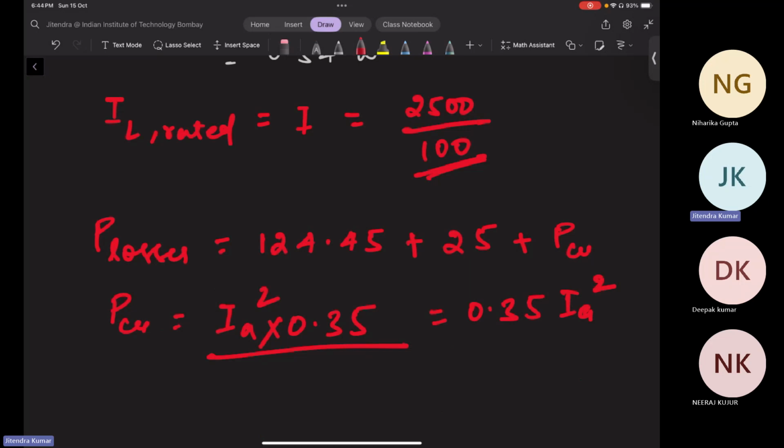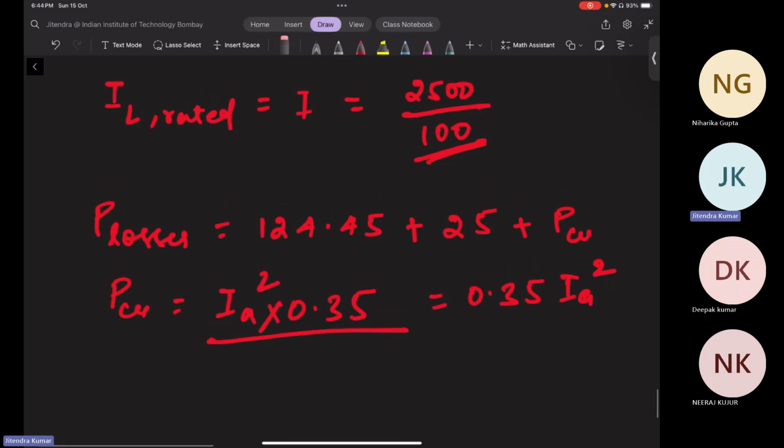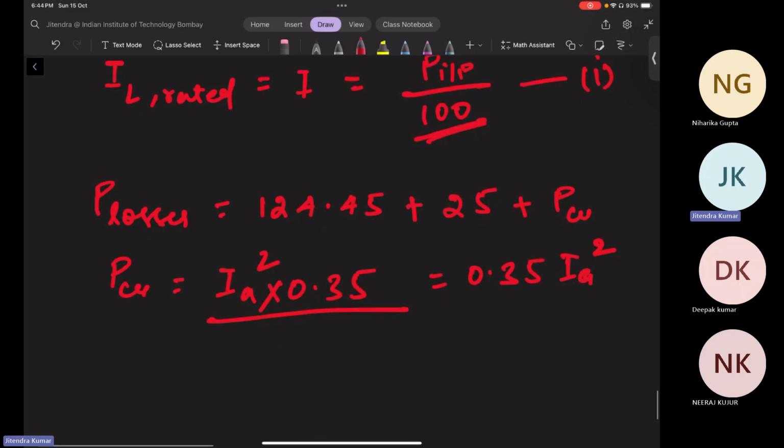Now this is P input. So again I can write IL is equal to P input by 100.